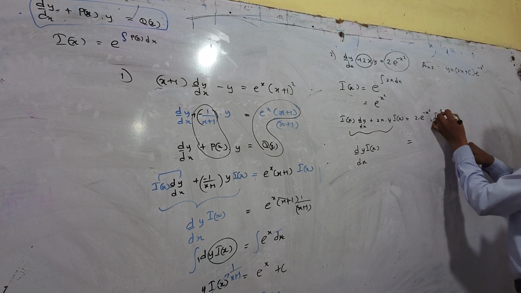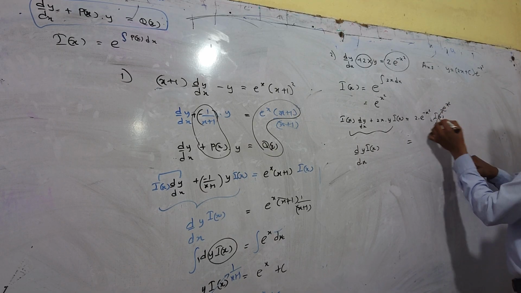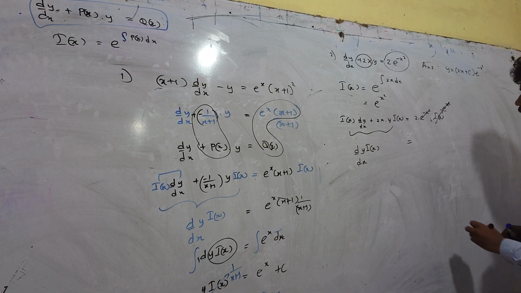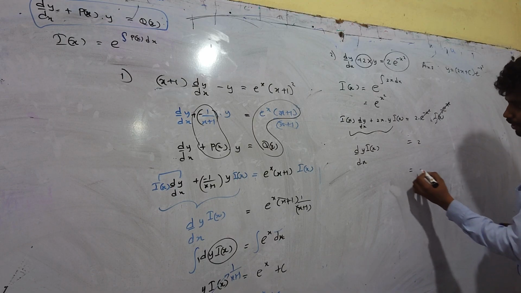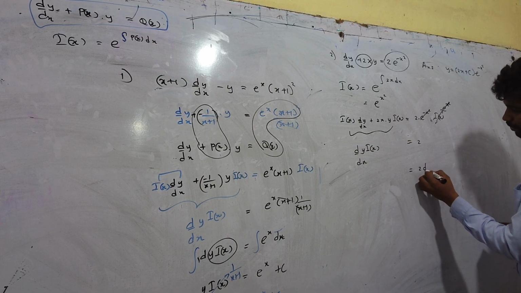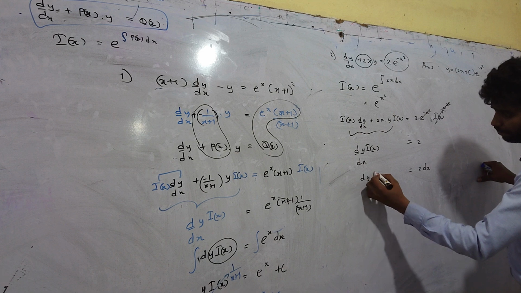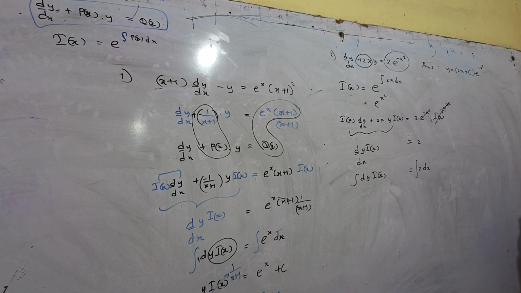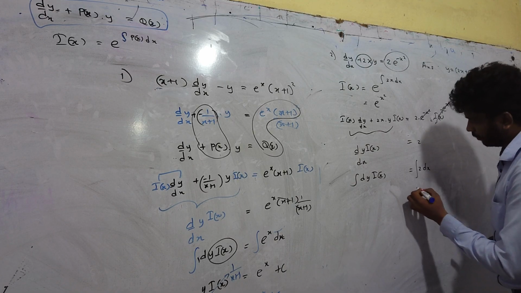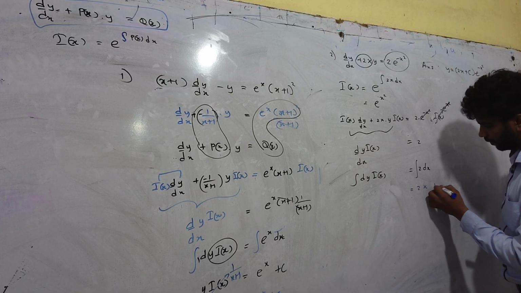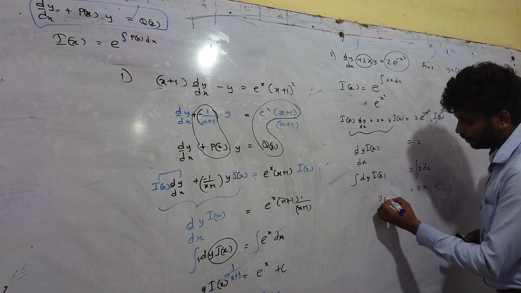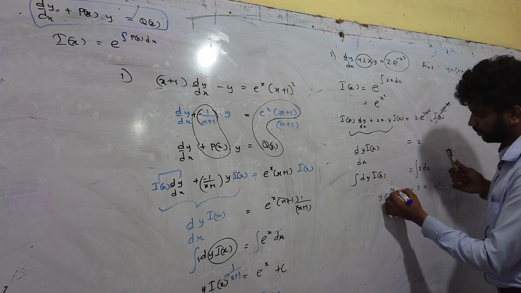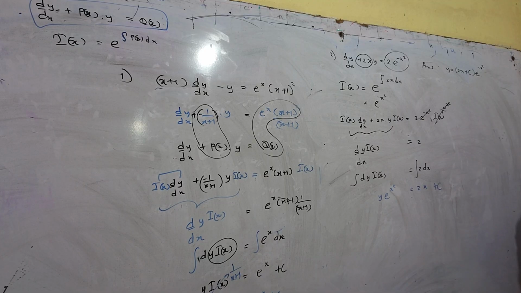On the right, e to the power x squared is cancelled out with this one, so it is only 2. Then 2 dx is pretty easy compared to the earlier one. So this is 2x plus c, and then y into e to the power x squared equals that. So this is the solution.